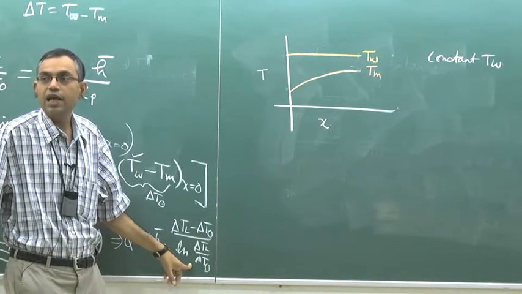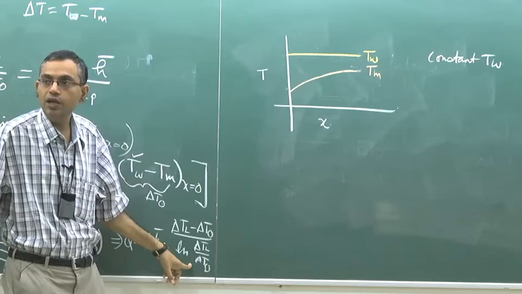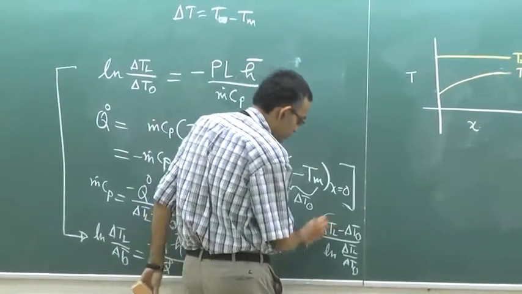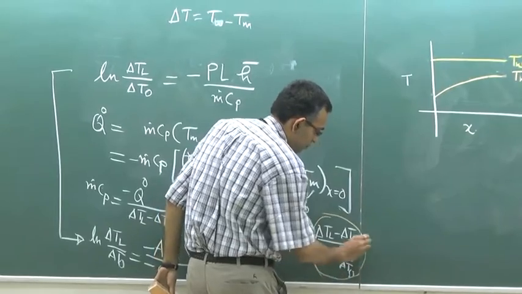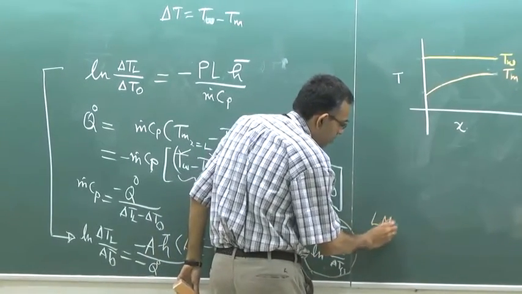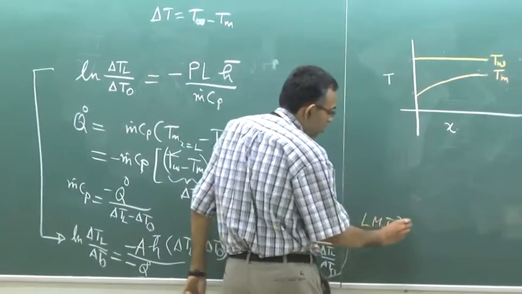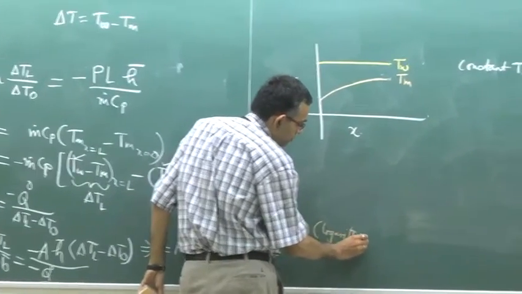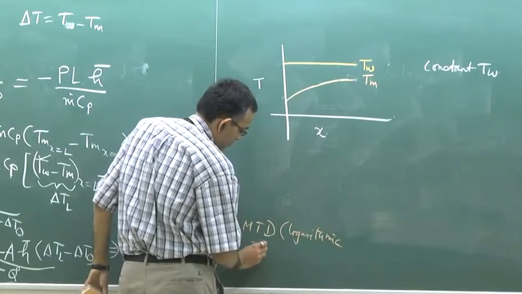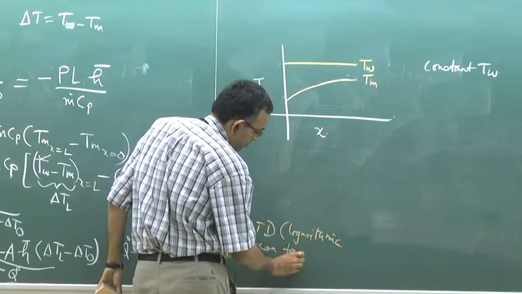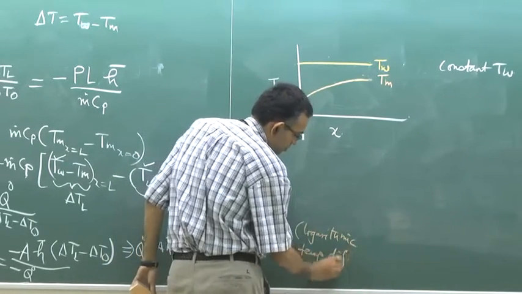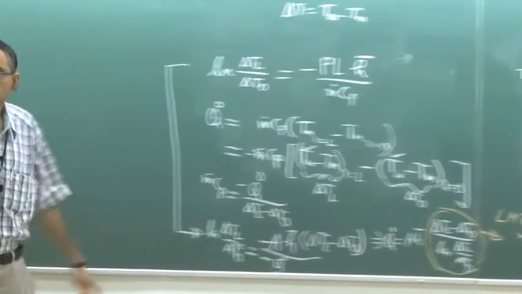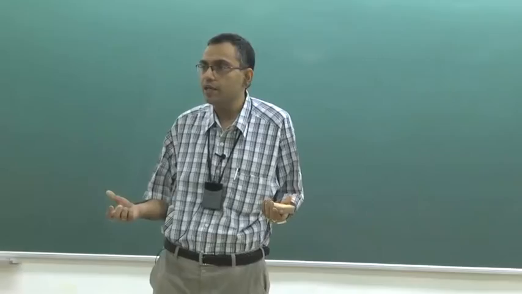This is called LMTD, or log mean temperature difference, logarithmic mean temperature difference. So why do we require a logarithmic mean temperature difference?